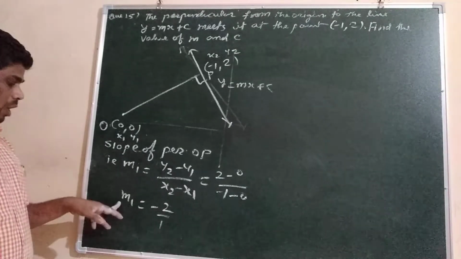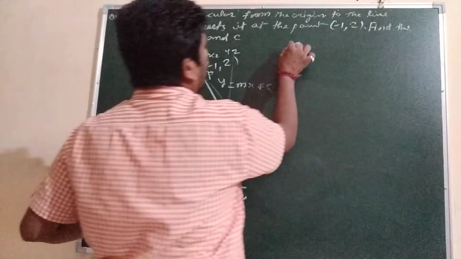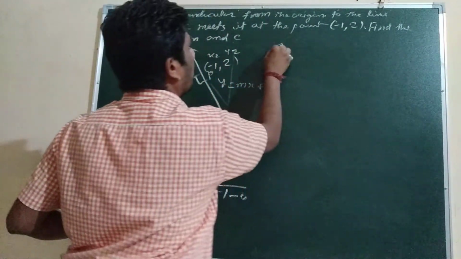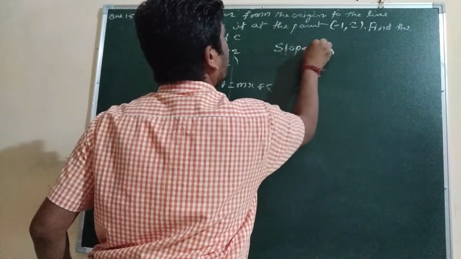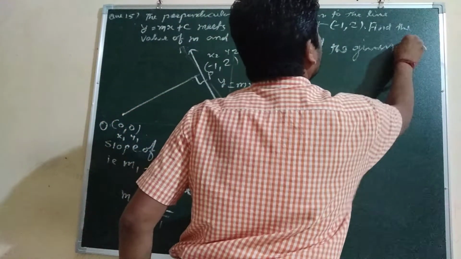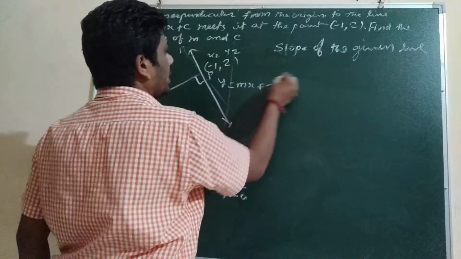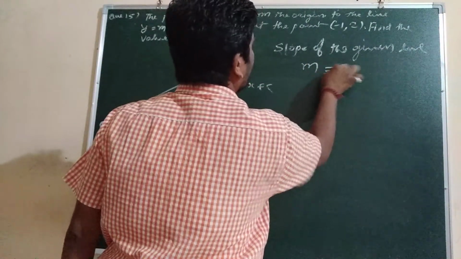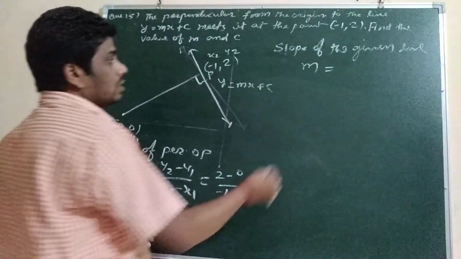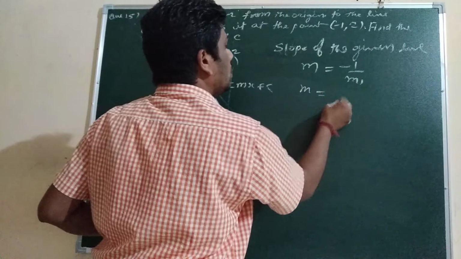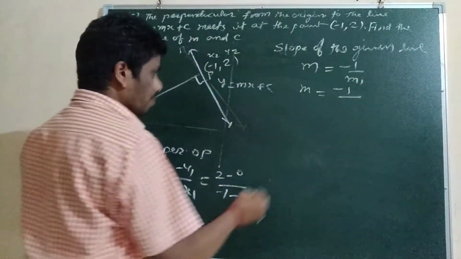Okay, so we got m1. Now slope of the given line, that is m, will be minus 1 upon m1, which means m equal to minus 1 upon minus 2.